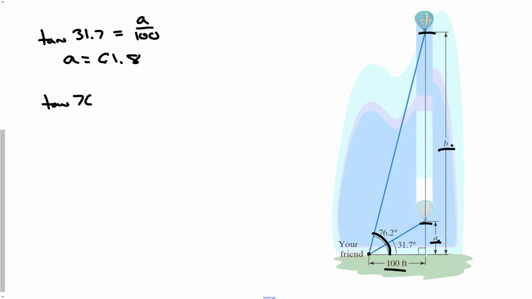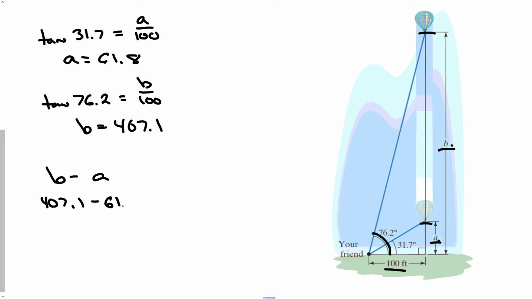The tangent of 76.2 degrees is going to be B over 100. So that makes B 407.1. Okay. And then to get my answer, I just take B minus A. So that's 407.1 minus 61.8 to give me a total distance traveled of 345 feet, 0.3, during that 1 minute of travel.